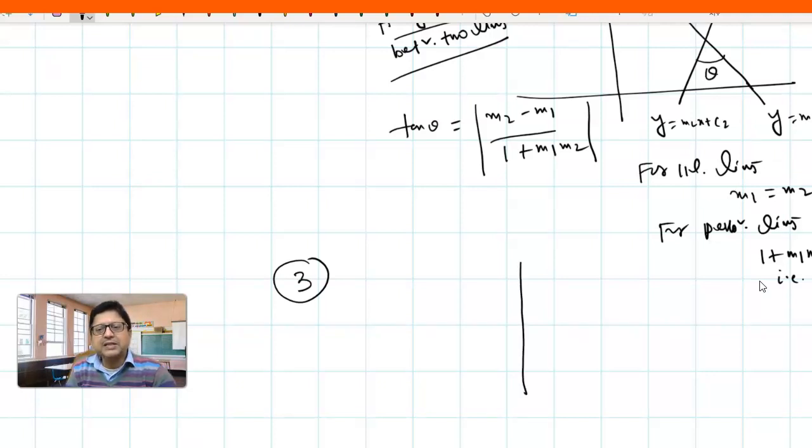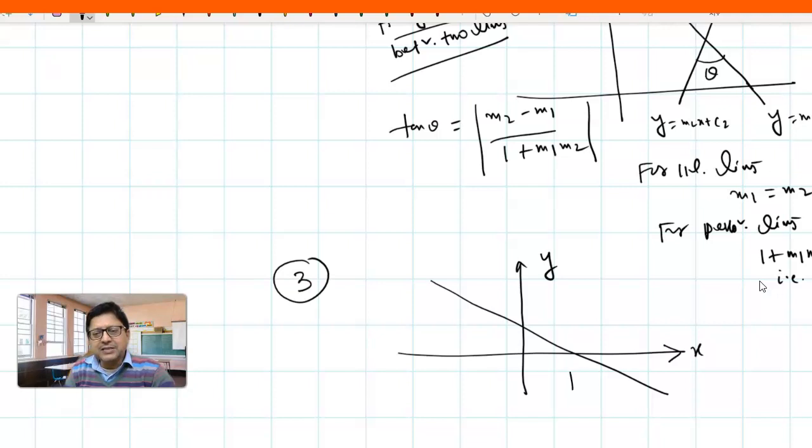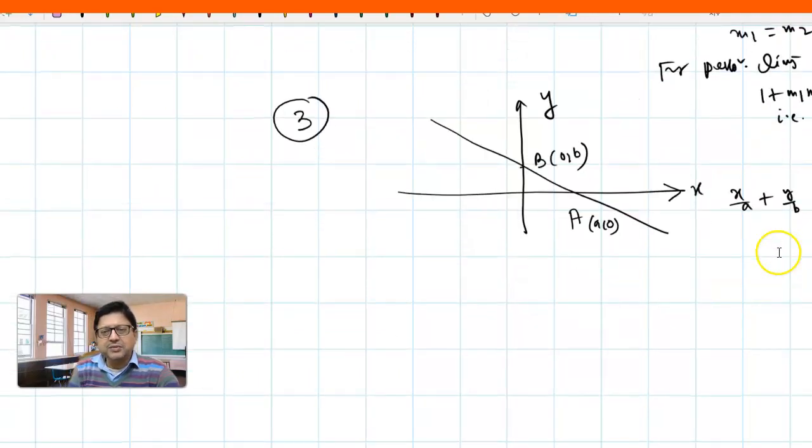Next one is the straight line which makes intercepts on coordinate axis. If the line makes an intercept of length a unit from x-axis and b from y-axis, then the line is x by a plus y by b equal to 1. This you remember.